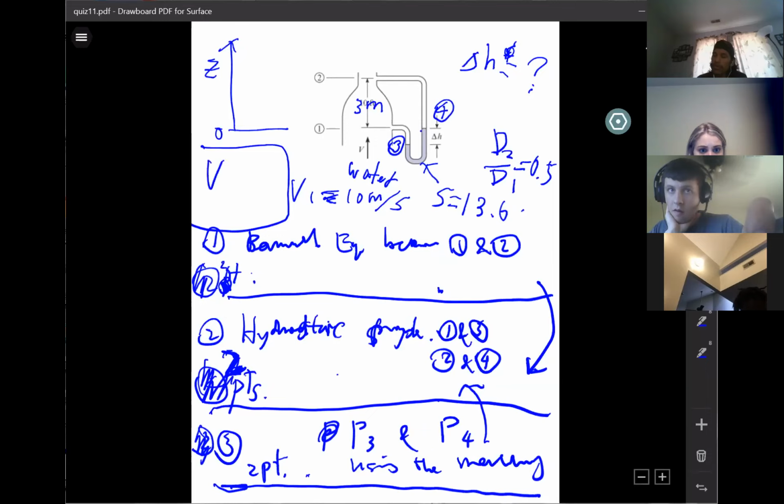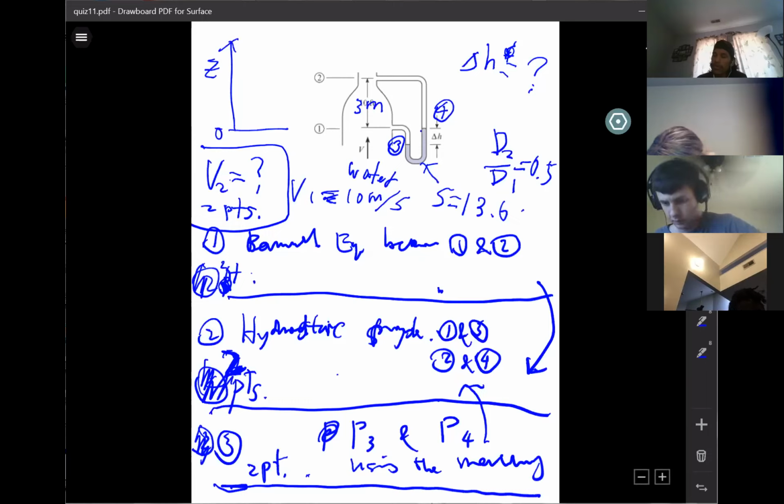Calculate V2, 2 points. Calculate the value of V2, because in the third equation you now have everything but V2.